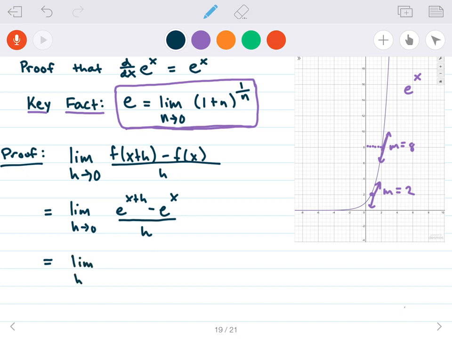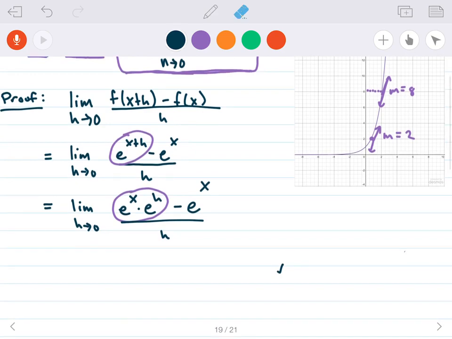And what that tells me is that I can separate it like this. e to the x times e to the h is the same thing as e to the x plus h. All right, so I'm just replacing that here. Okay, so far so good. Now what I'm going to do is factor out an e to the x.